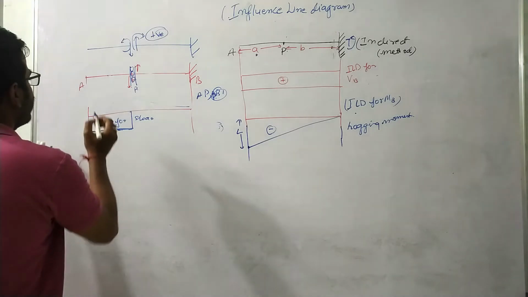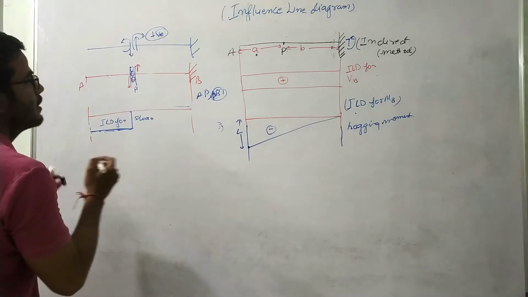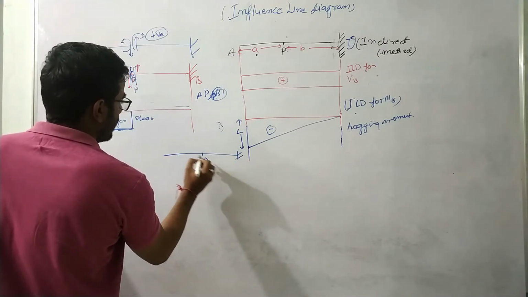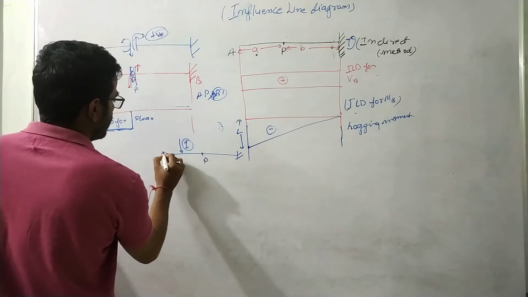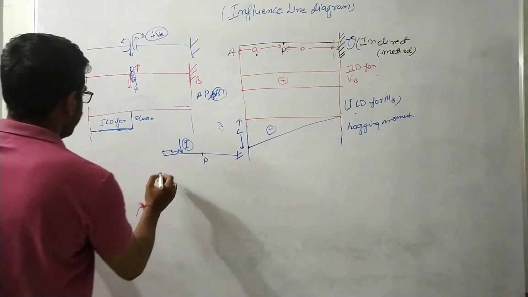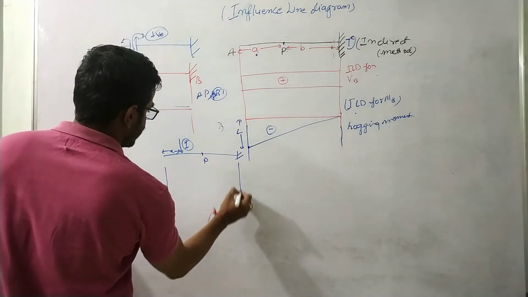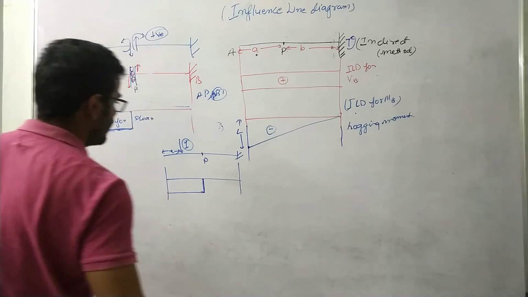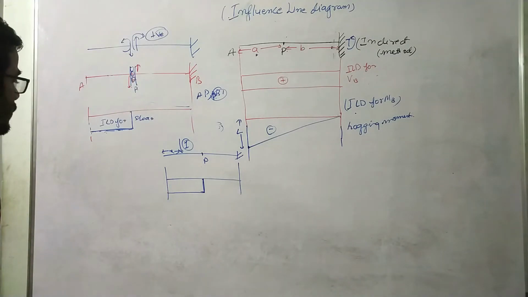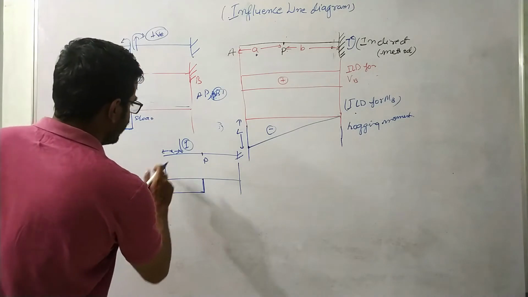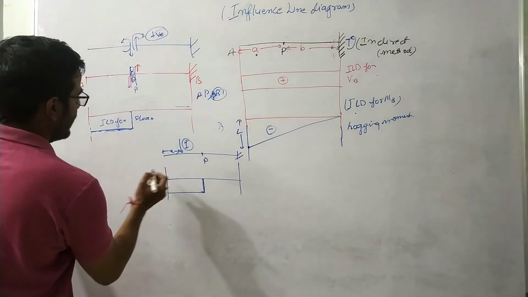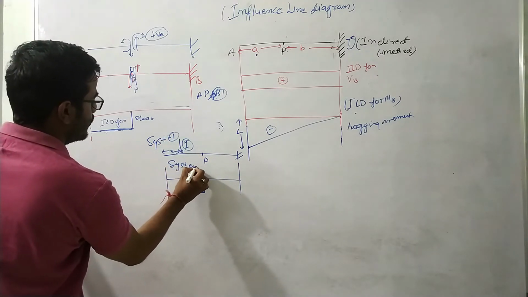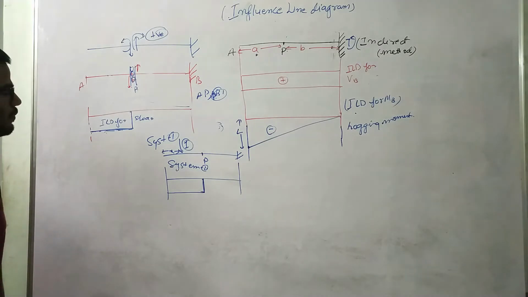Let us suppose this is the original beam over here, and this is the point P. When we are applying the unit load at a point, let us suppose at a distance of x, this is the deflection diagram which we are getting over here. So if we apply Betti's law, this is system 1 and this is system 2.